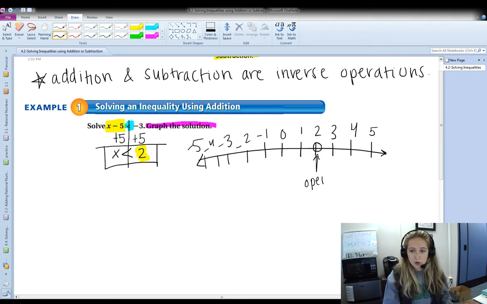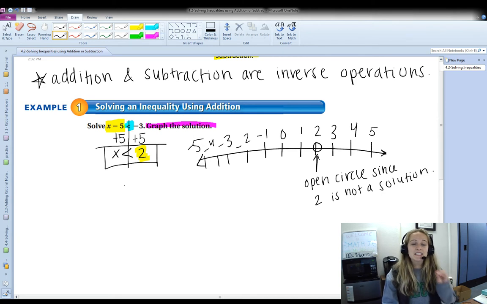The way we think about this is 2 is not a solution. x has to be less than 2, not less than or equal to 2. There's no equal in it, which means 2 is not a solution. So we have our point down, and we know it's an open circle because there's not that line underneath it.